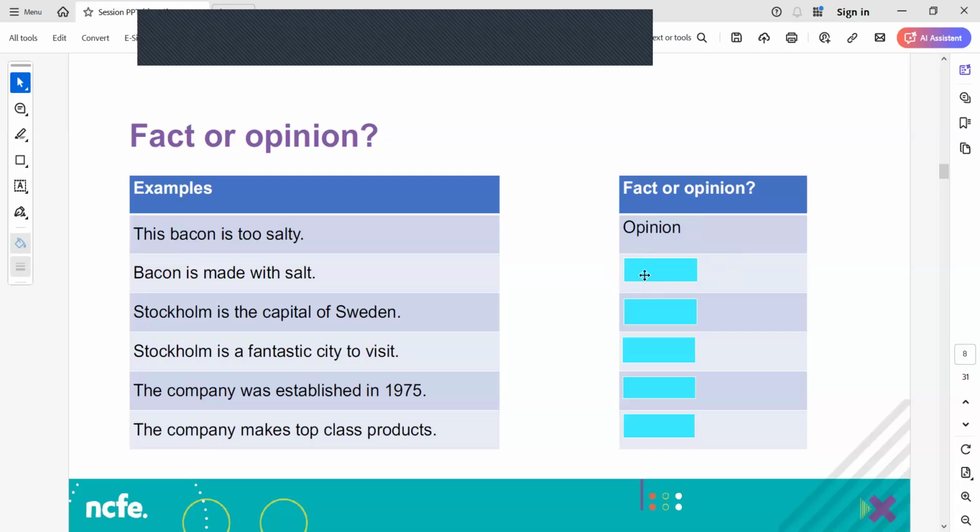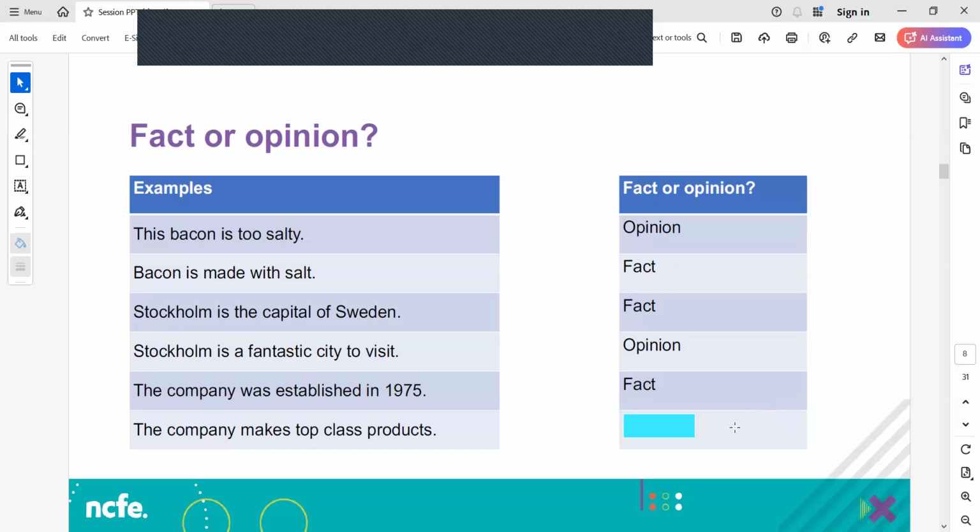Bacon is made with salt. Fact. Good, well done. Stockholm is the capital of Sweden. Fact. Good, yeah. Stockholm is a fantastic city to visit. Opinion. Good, well done. The company was established in 1975. Fact. Good, well done.